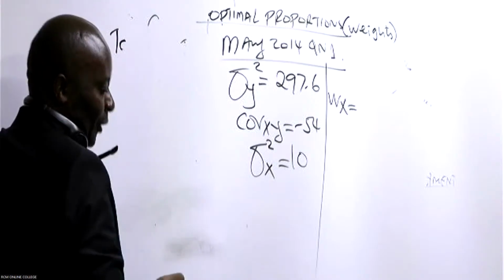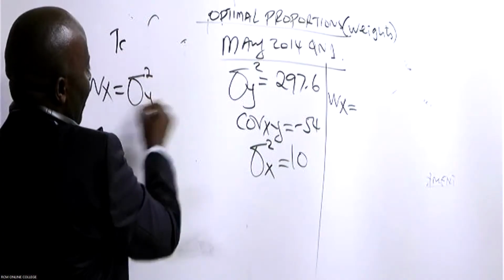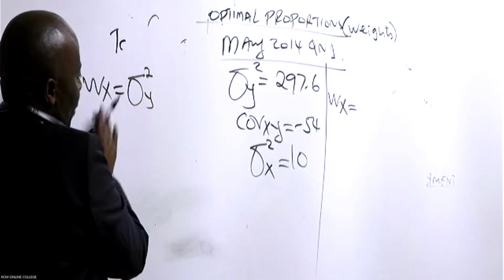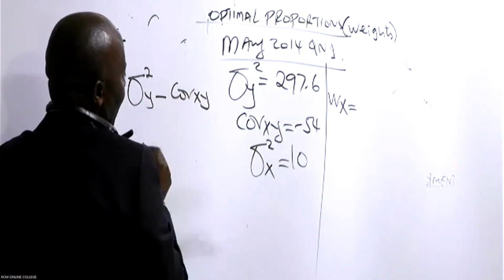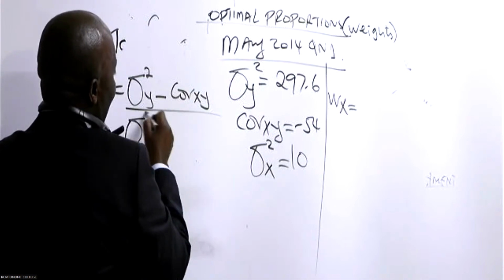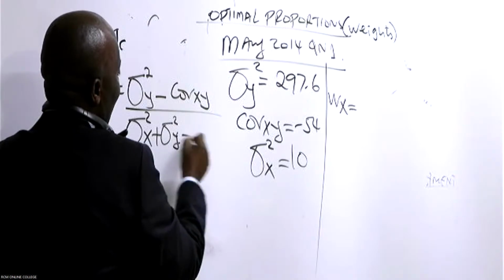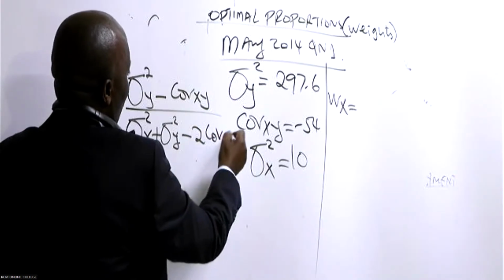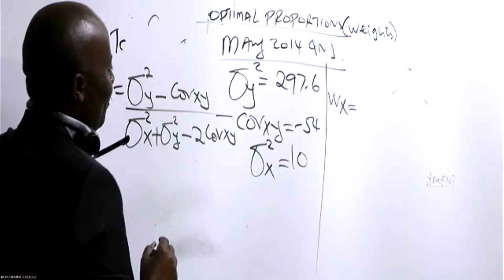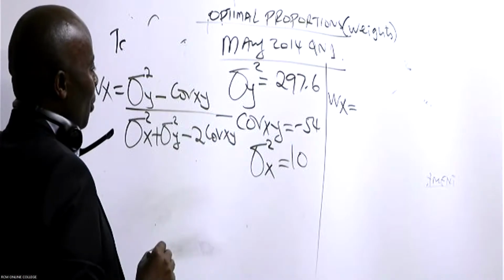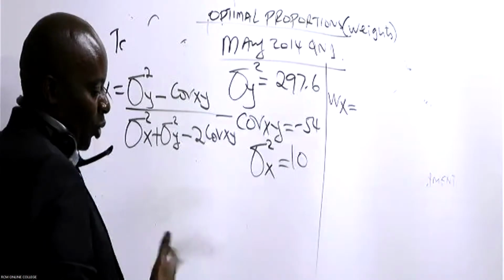I will start with the variance of Y. To get the weight of X, I say variance of Y minus covariance of XY, all over variance of X plus variance of Y, minus twice covariance XY. This is really important. This topic has got so many formulas. But if you keep on repeating whatever I give you in class, you'll always pass the paper.